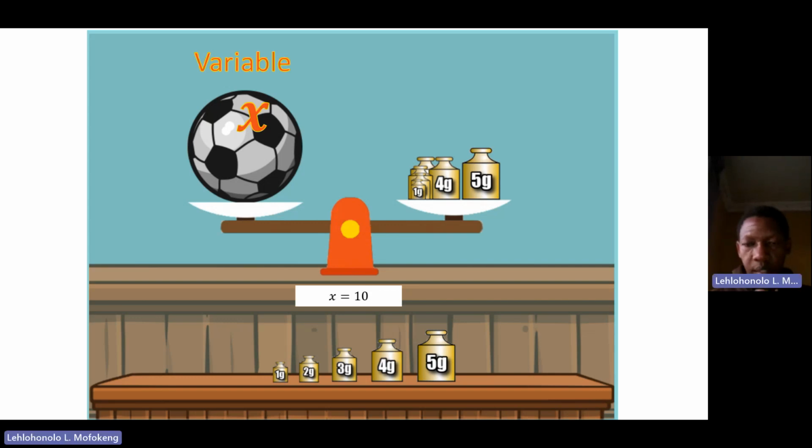And on the right-hand side, we have a weight amounting to 10 kg. That simply means our x is equal to 10. So it is balanced. Whatever we include on either of the sides is going to make the balance not balanced.